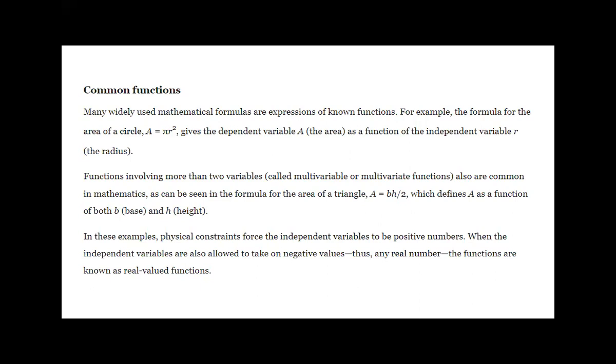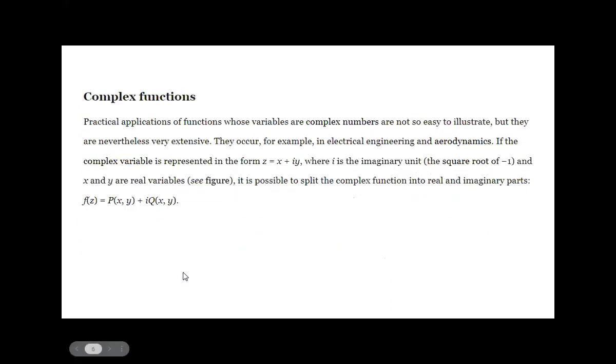Suppose a function has real numbers in it, it is known as a real valued function. Now the complex functions we have also seen: the functions which contain complex numbers or complex elements become complex functions.